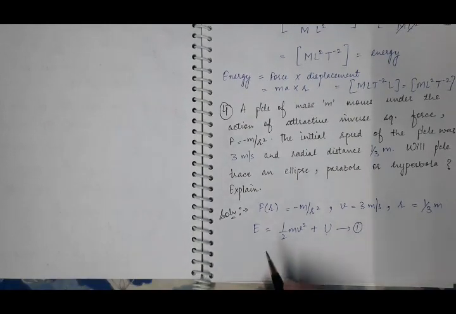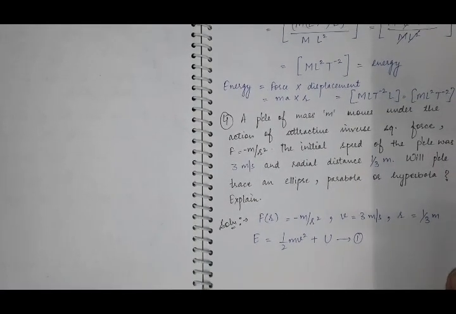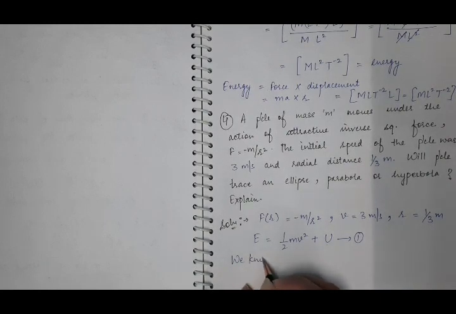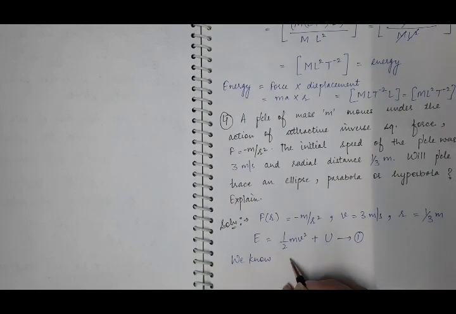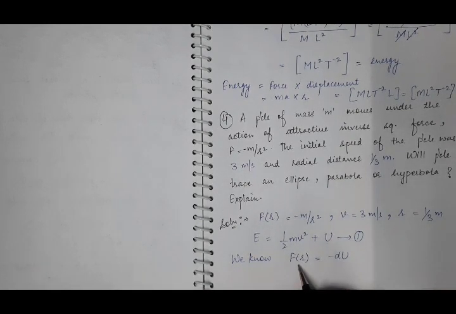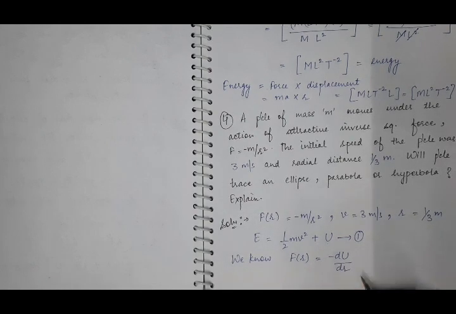We know the relation between force and potential energy, the relation between central and conservative force with potential energy. This expression we have studied in the article of conservative force in chapter number 2.